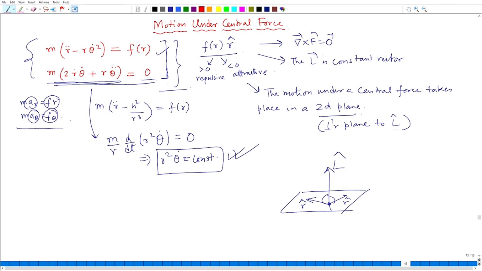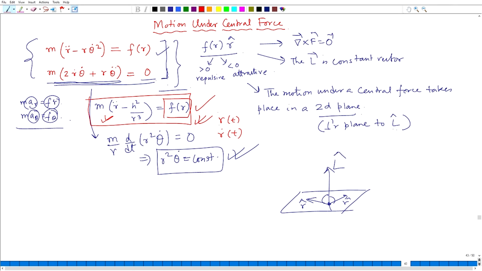Now, at this point we will do something very interesting. We just saw how the equation of dynamics looks under the action of a central force. So, if you give me the law of force, I have to solve a second order differential equation for r, and I can find r as a function of t and r dot as a function of t. Now, you can ask, what about theta, theta dot?